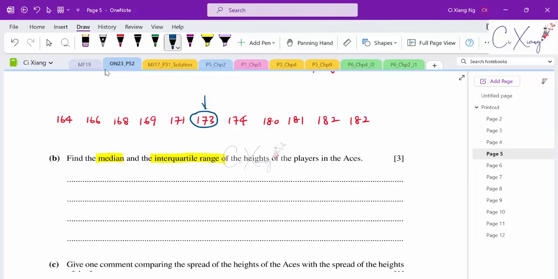This will be the center of the set of data because in front there are 5 values, and after this one also 5 values: 1, 2, 3, 4, 5. So this is the center of the whole set of data, which is the median. From here, you know that the median is equal to 173. So please don't forget about the unit.